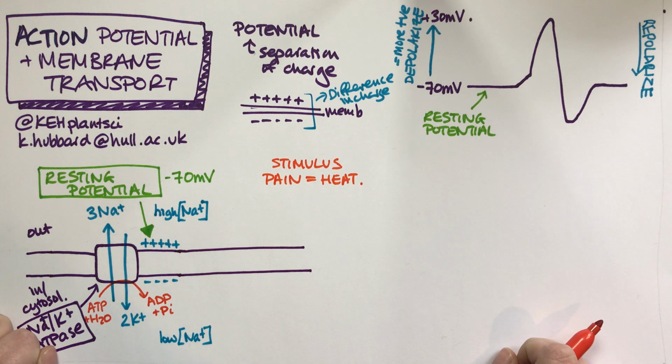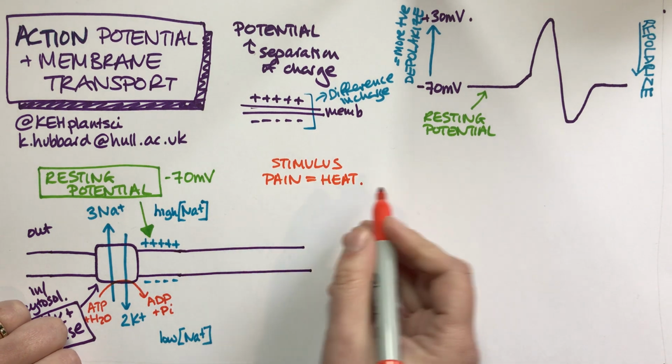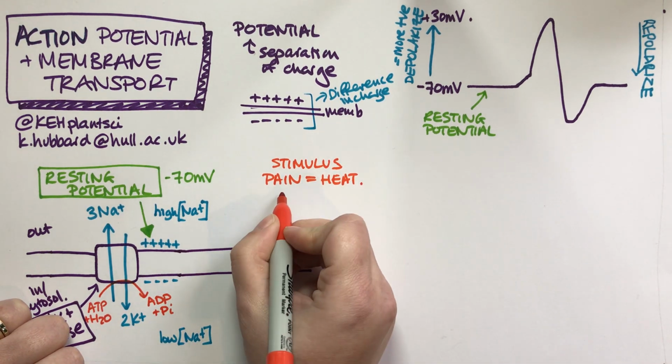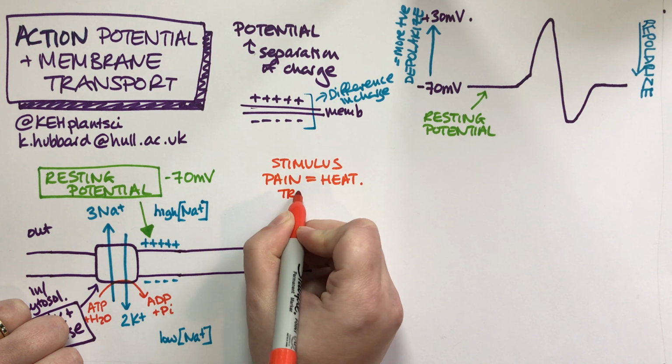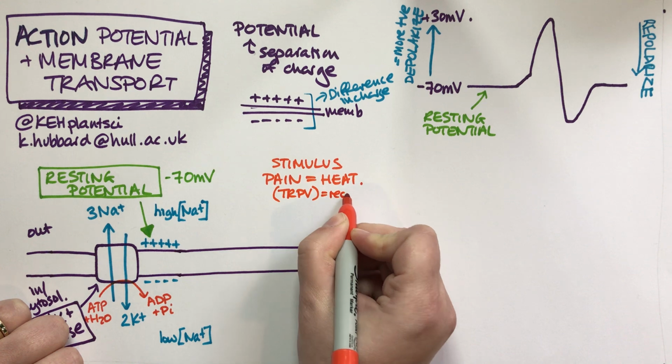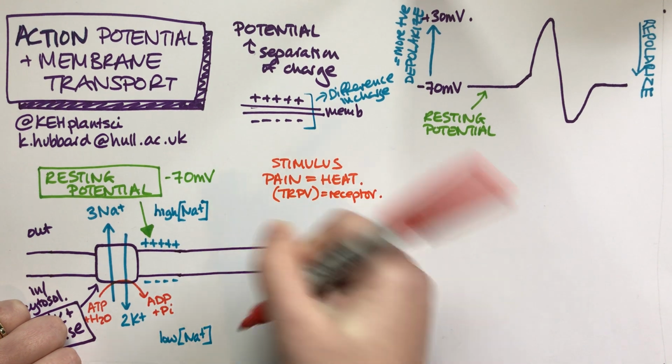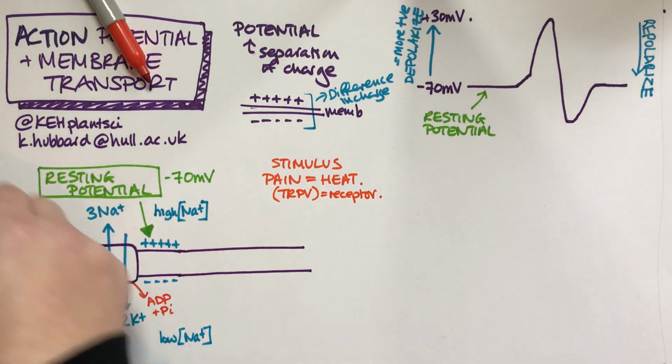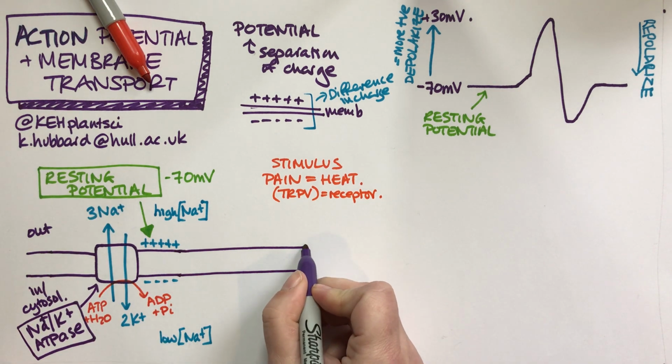We've got pain, which we perceive in this case as heat, and this is perceived by a particular protein called TRPV, the heat receptor. Okay, so what happens with our pain receptor? We've got another protein here.